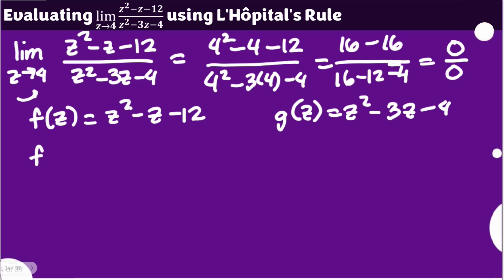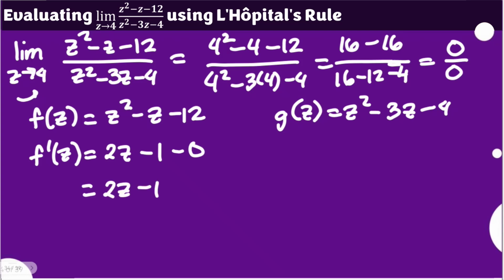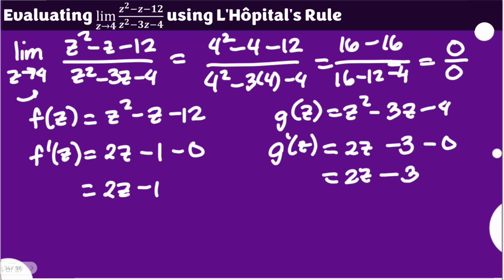The first derivative of f is 2z minus 1, minus 0, which gives us 2z minus 1. Now for our g of z, its first derivative is 2z minus 3 minus 0, or simply 2z minus 3.